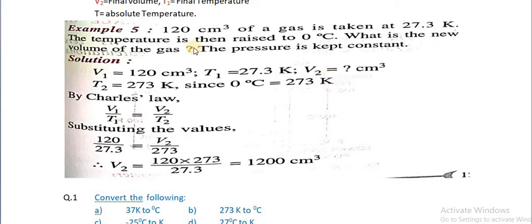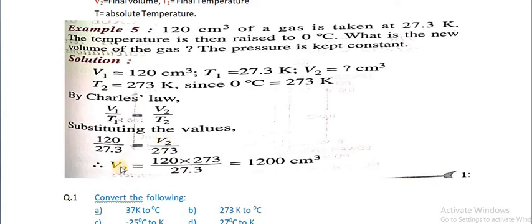Now the condition has been mentioned: the pressure is kept constant. That means we need to use Charles' law equation. So by Charles' law, V1 by T1 equals V2 by T2. Substitute the givens: V1 is 120, T1 is 273, V2 we need to find, and T2 is 273.